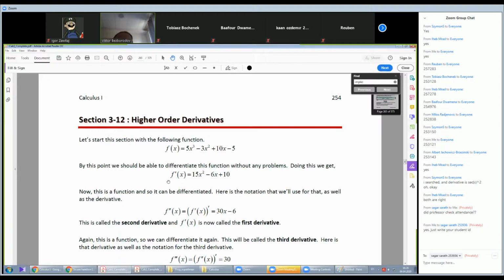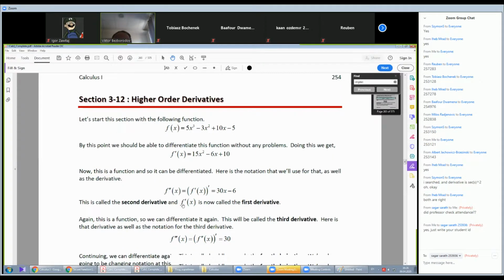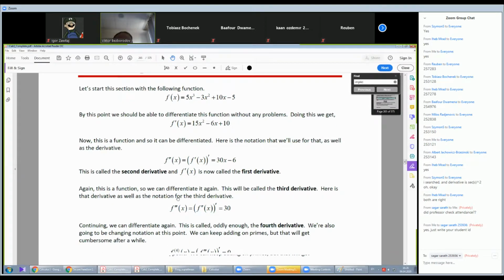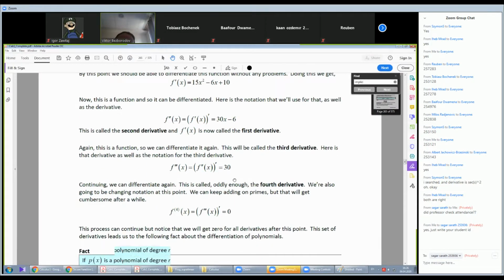So this is going to be the derivative of the second order. And then it continues until infinity, if you can do the differentiation. The derivative of the third order equals taking the derivative of the second order derivative, and so on.